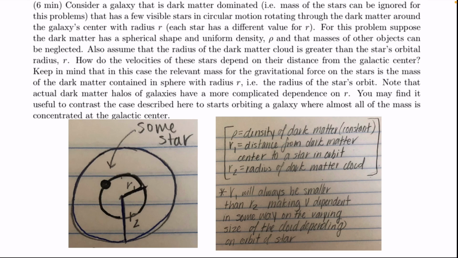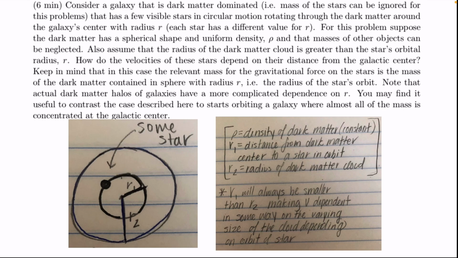So some of the key things to keep in mind is that the problem gives us that the density of the dark matter is going to be constant, which will help us later. R1, which is the distance from the dark matter center to a star in orbit, is going to be the more important radius, and I'll explain that in a second.